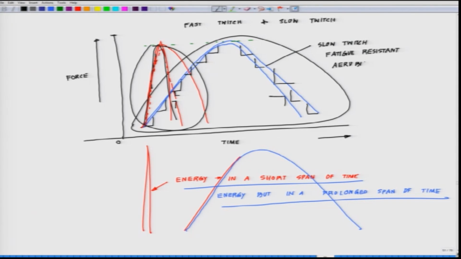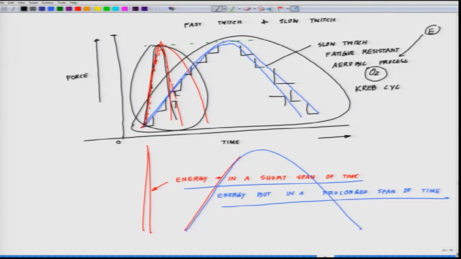All their energy derivation is taking place from aerobic processes, that means in the presence of oxygen, they are slowly doing it. What is the major aerobic process? It is essentially your Krebs cycle.